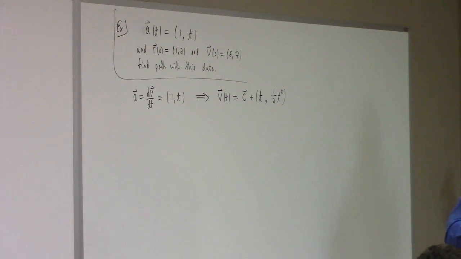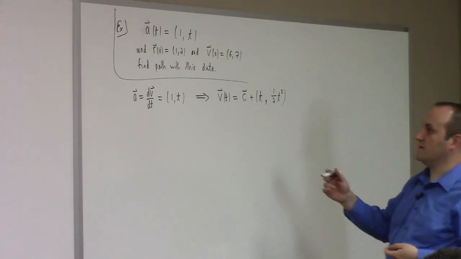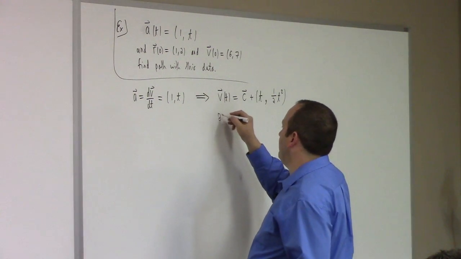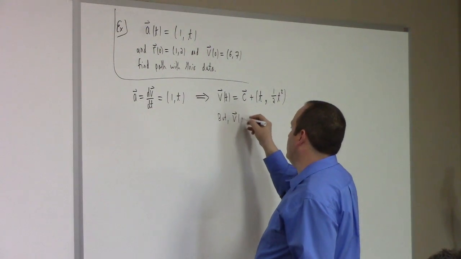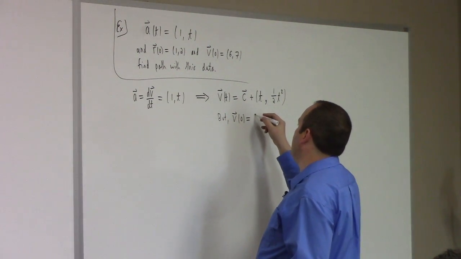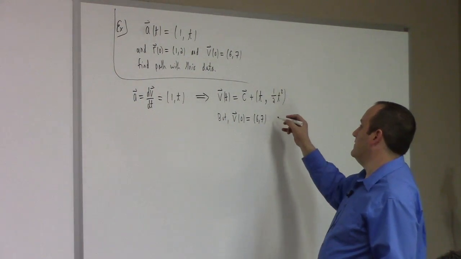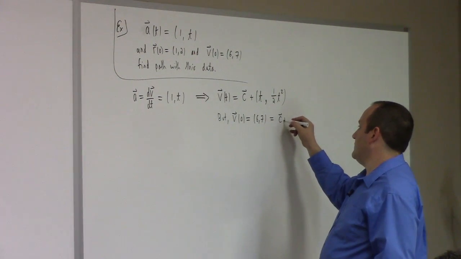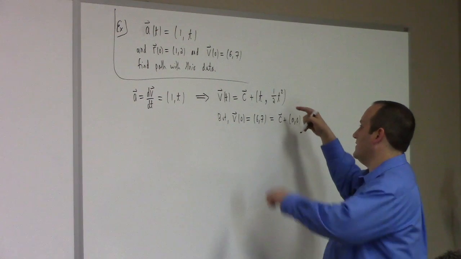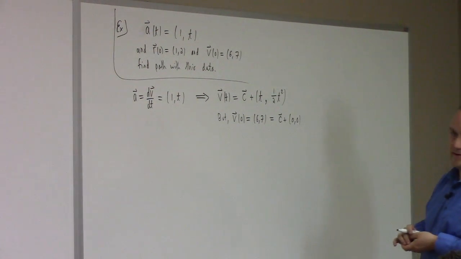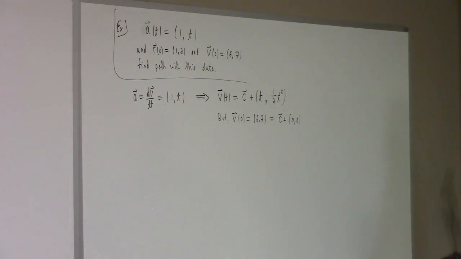How do I figure out what the constant vector is? Well, I was given an initial velocity, right? So now I use that. v of 0 was given to be 6, 7, right? So 6, 7 is equal to c plus 0, 0, because if I plug in time 0, I get that. So what's that say?